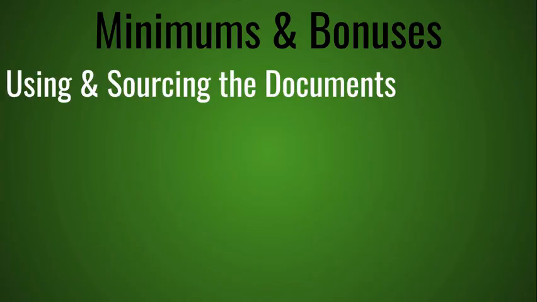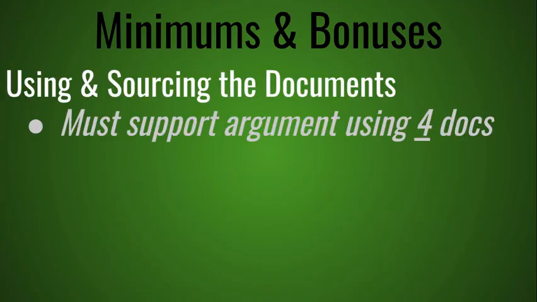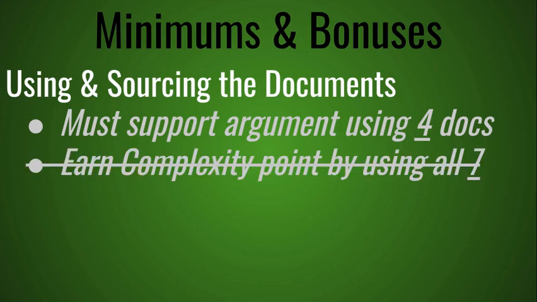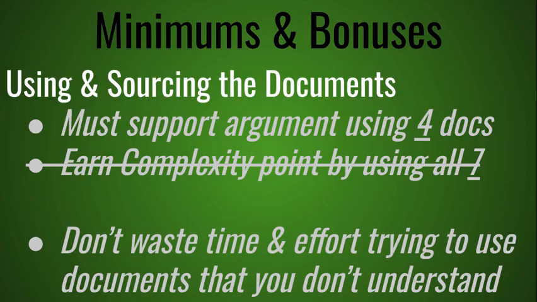As a quick reminder, in terms of using the documents, you must support the argument using at least 4 documents, and I would vastly prefer 5, which gives me insurance in case I mess one up. You could earn a complexity point by using all 7 documents, but since we are not setting out from the beginning to write a complexity paragraph, I don't think that is a good option on the Skillful 6 version of this essay.